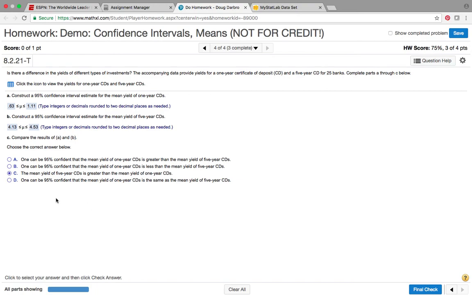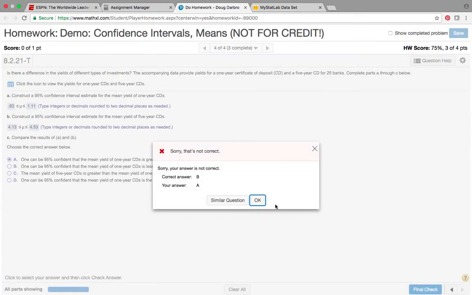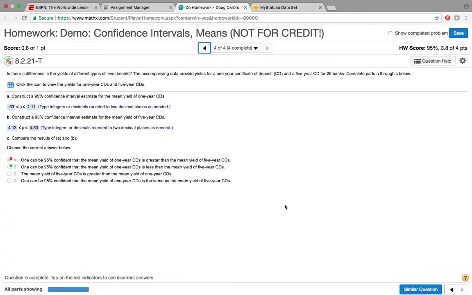Okay. Well, how about that? One can be 95% the mean yield of 1 year is the same. Guys, I'm confused here. Let me think about this.